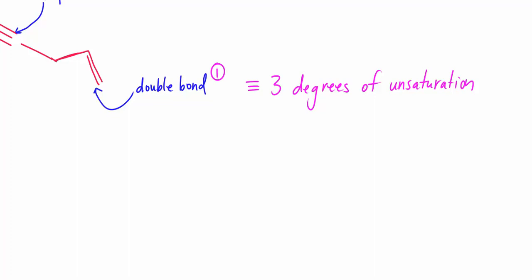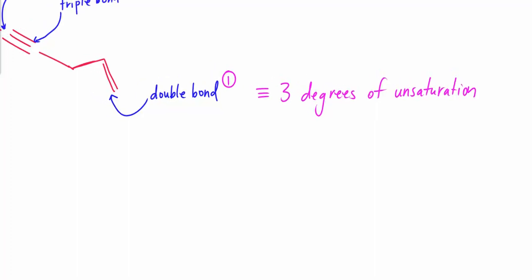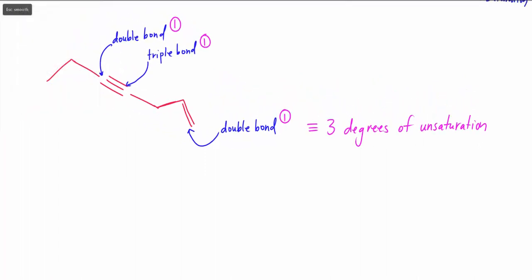If we have 3 degrees of unsaturation, we can verify this by actually writing out what the molecular formula is. So we know this is a CH3, this is a CH2, this is a C, this is a CH2, this is a CH, and this is a CH2.